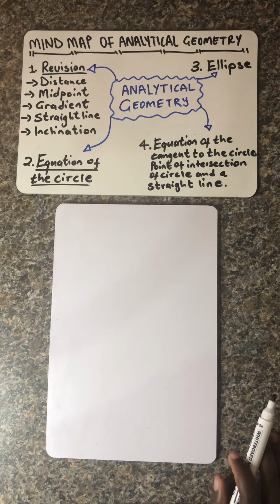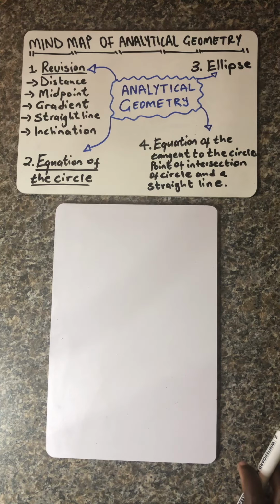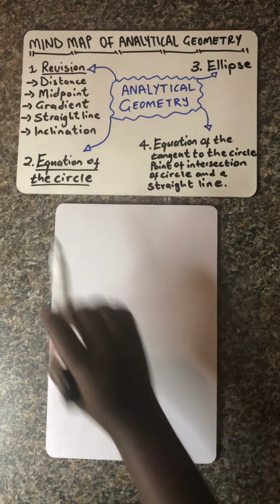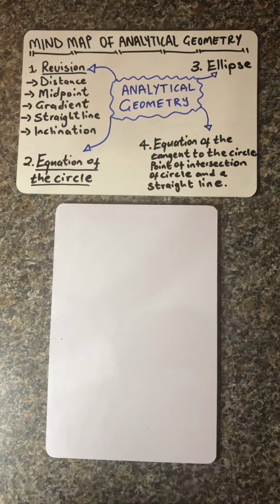You might find that in previous grades, you didn't study the ellipse or equations of the tangent to the circle, etc. So I'm going to invest much of our time into a revision, and then from there, I'm going to take you through number 2, number 3, and number 4 in upcoming lessons.